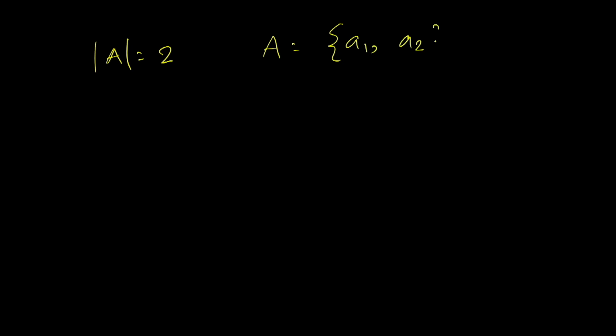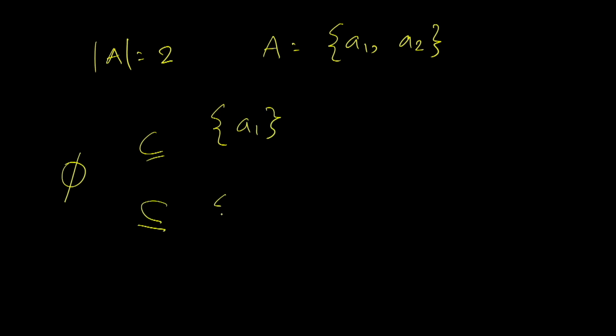On the other hand, if the size of A is 2, let us say A is made up of two elements A1 and A2, then we find that the empty set is a subset of the singleton containing A1.